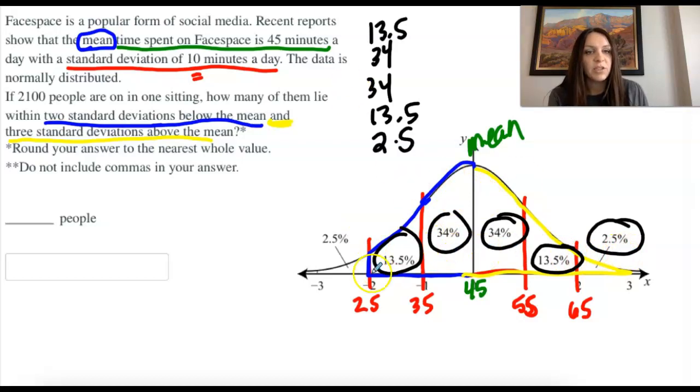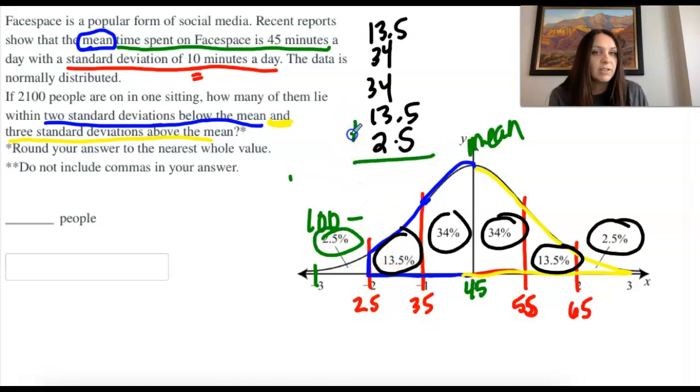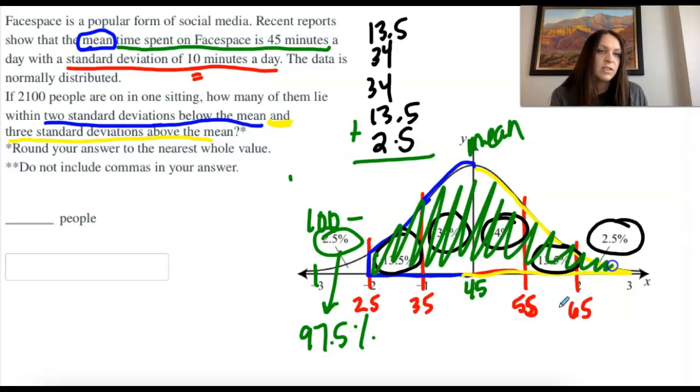These all add up to 100. So I'm just going to take 100 minus this lonely 2.5% that's left over. Or you could add all these up. But either way, you're going to get 97.5%. So all of this data is 97.5%.